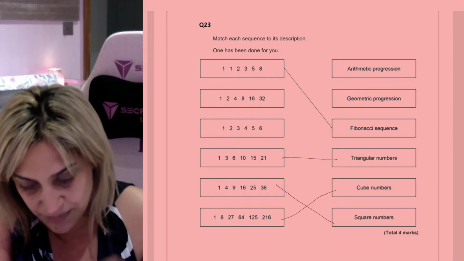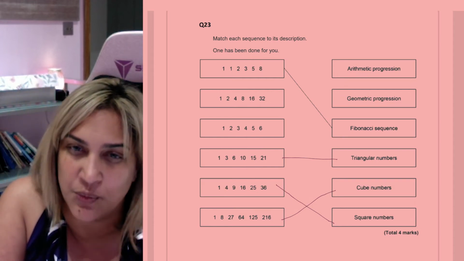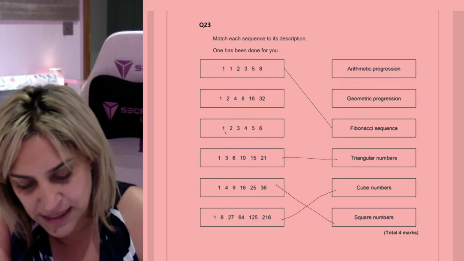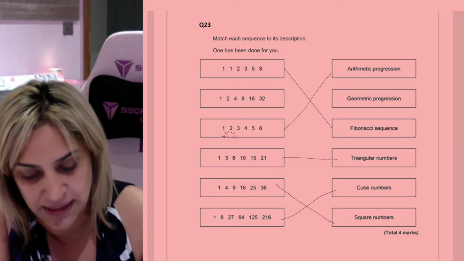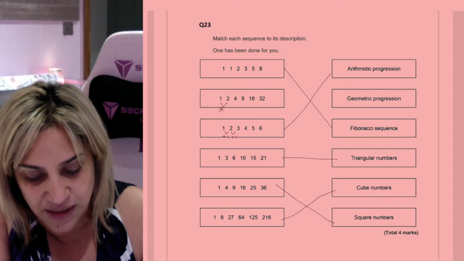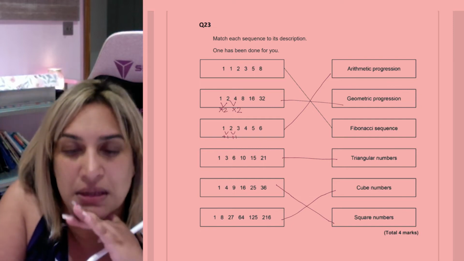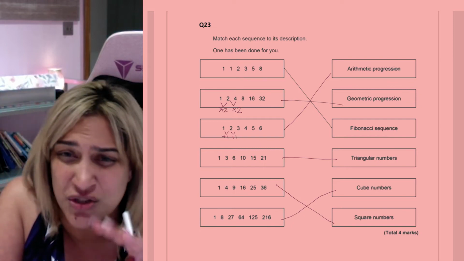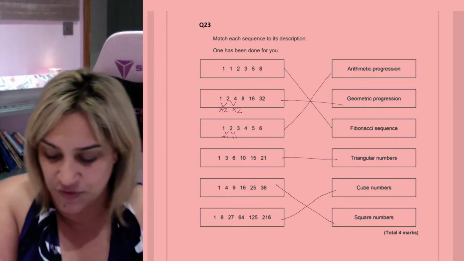So we've got some cube numbers there. Then we've got to decide which one's arithmetic and which one's geometric. Now here, every time you're just adding 1. So that's your arithmetic. And here, every time you're timesing 2. So that's geometric. So that's probably quite tricky, but as long as you can use some of them, you can make a sensible guess for some of the others.